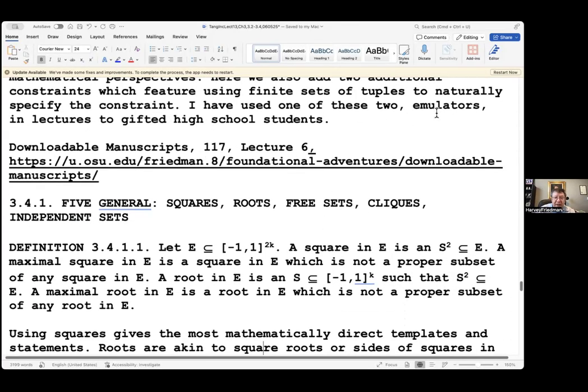There's one of them that's particularly nice for various reasons that I was able to explain to gifted high school students, of course only in dimension two, a very basic part. You'll find that in my manuscript number 117 on downloadable manuscripts. That's the emulator version. So let's go on.